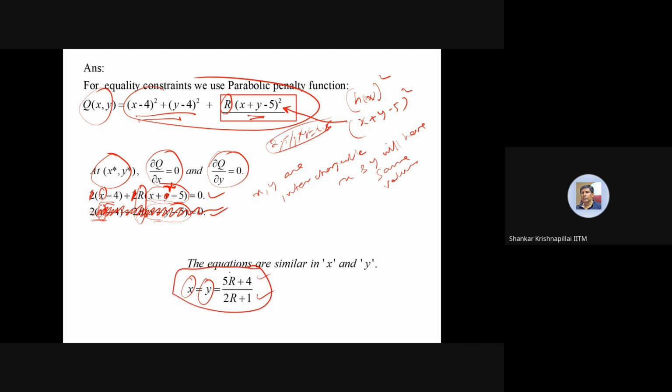That is, by eliminating either x or y, we get x equal to y equal to (5R plus 4) by (2R plus 1). You can see that when R tends to infinity, to very large values, this will tend to 5 by 2.